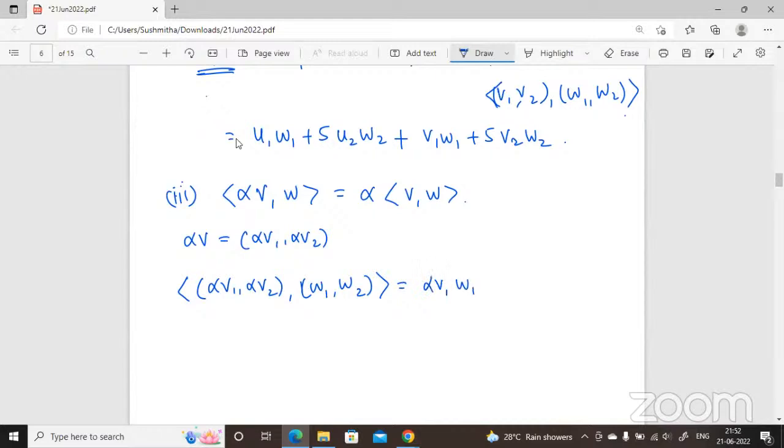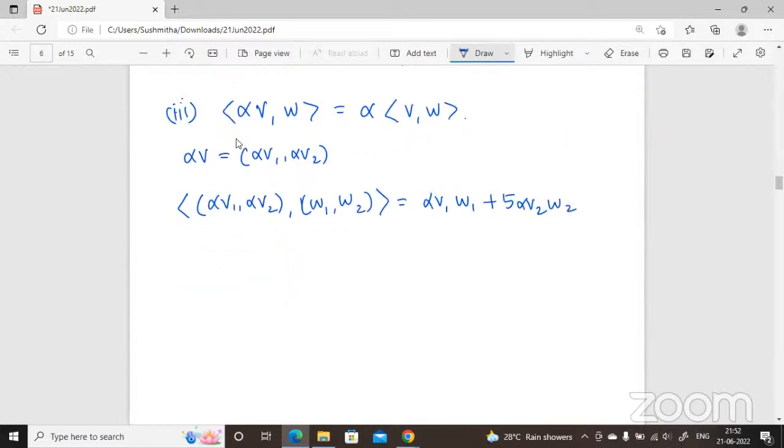What should you prove this is equal to? The right hand side.